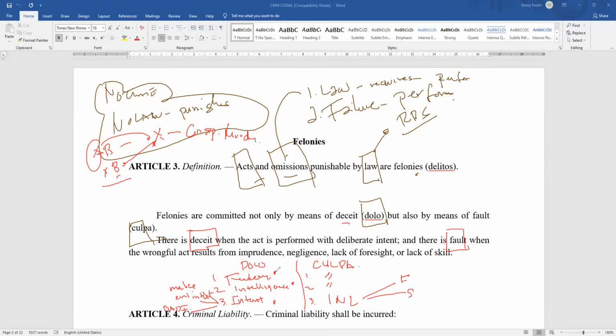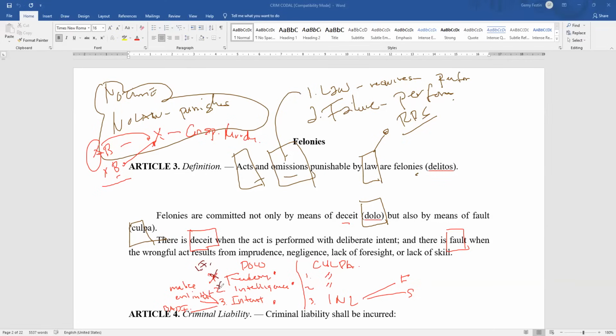Kung ako defense, I will negate any one of these three elements. Then wala nang criminal liability ang aking kliyente, right? Negate freedom, there's no criminal liability. How do you negate freedom? Irresistible force. Alam natin, irresistible force is what? It is an exempting circumstance.